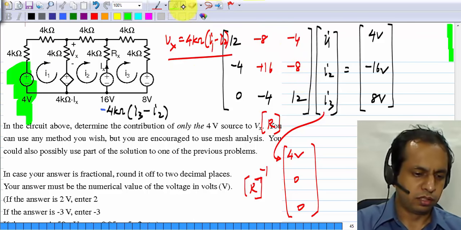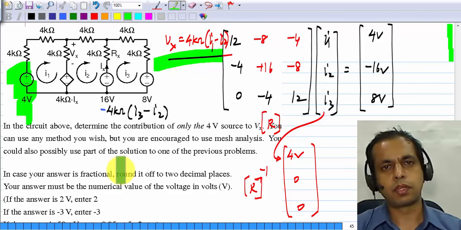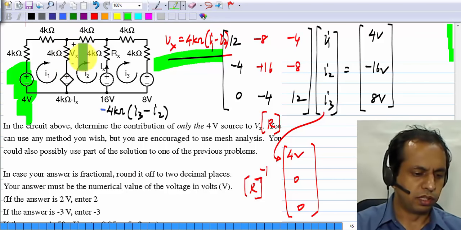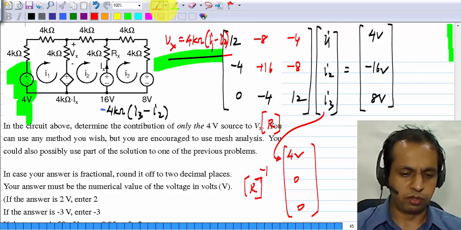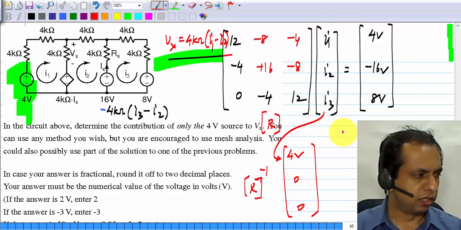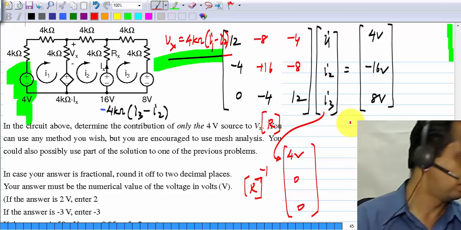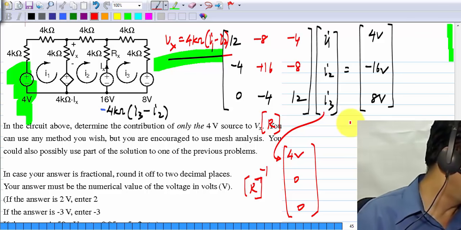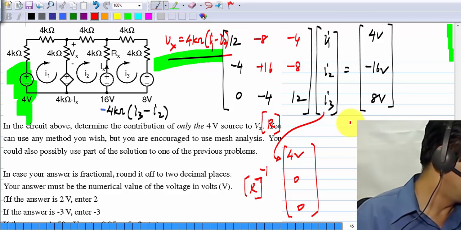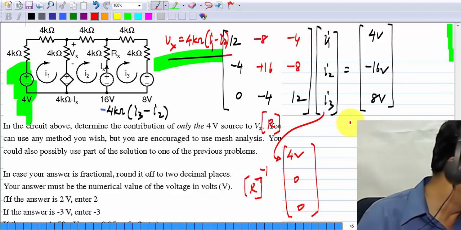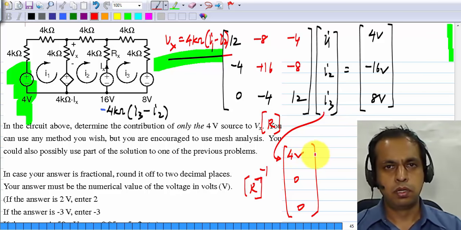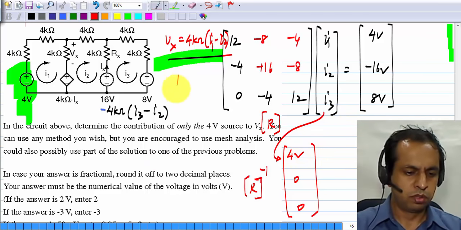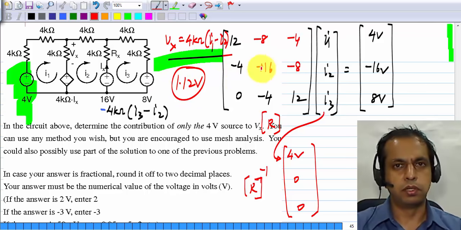Okay, so that basically gives you the result only due to the 4 volt source. Okay, and if you work out everything correctly, I believe the answer comes out to 1.12 volts. Okay.